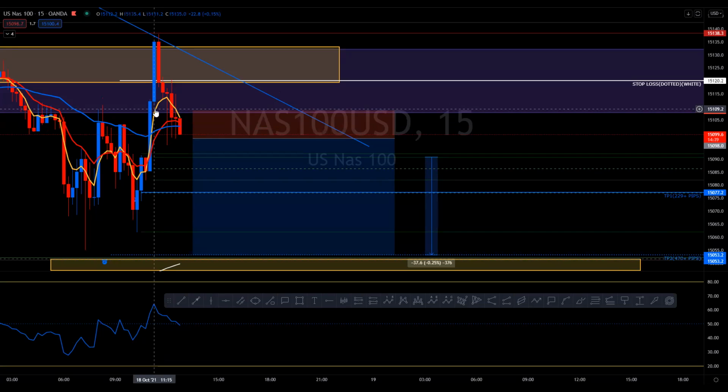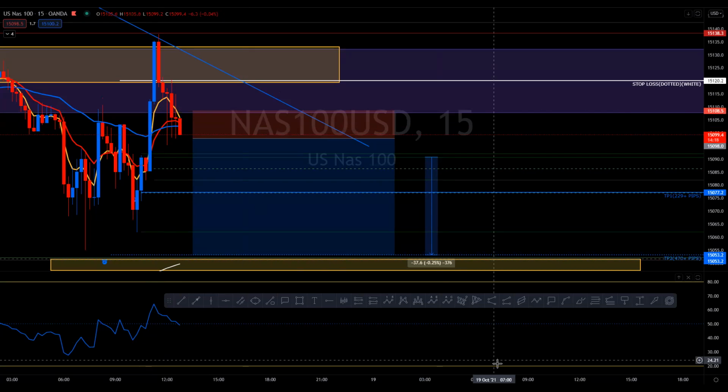Let's see if they cross. They're probably going to cross on the very next candle. That would be my guess. So let's see. We got about 14 minutes. So I'm going to watch these EMAs. Then as soon as they cross, I'm jumping in. So be right back.